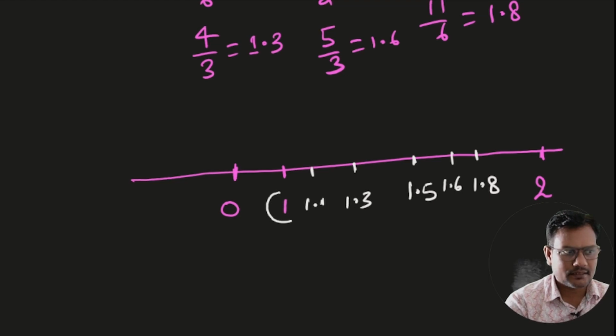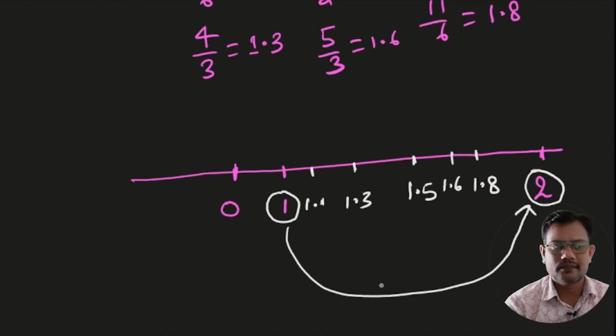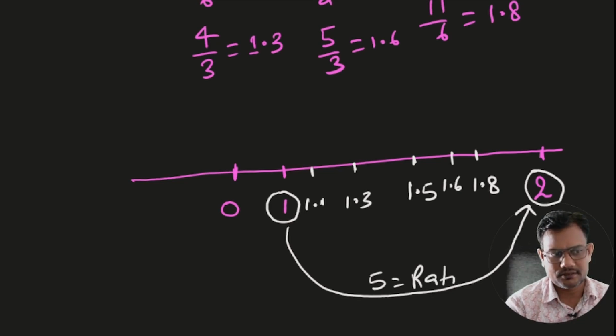That means what we have observed, between 1 and 2 we have found 5 rational numbers. We had found 5 rational numbers.